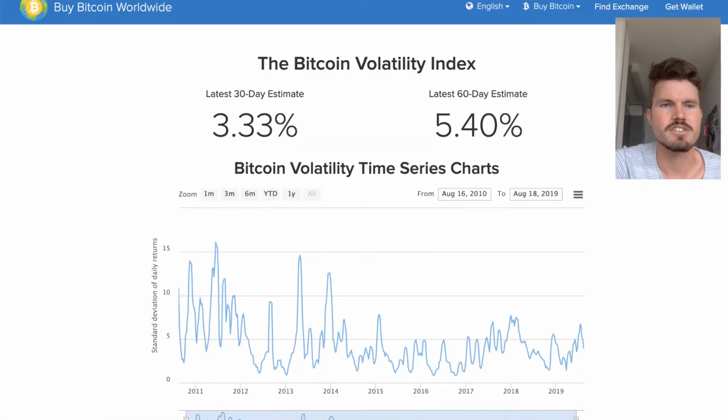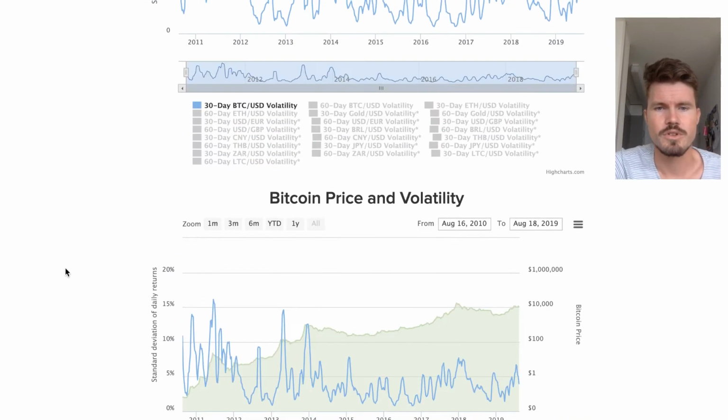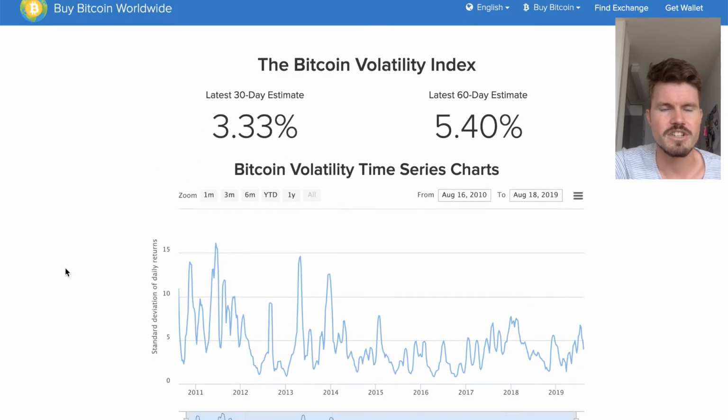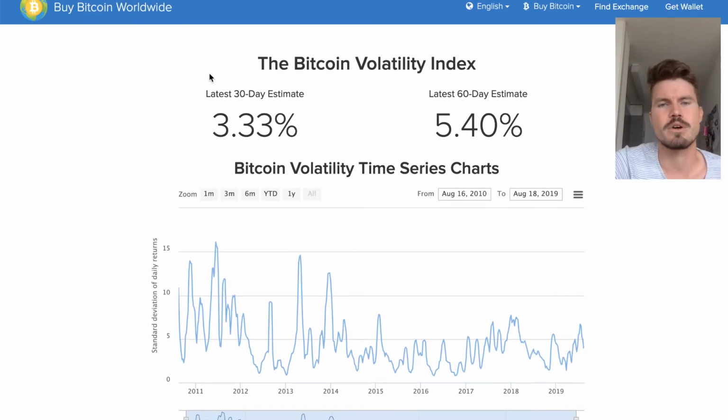Now the volatility you can find on buybitcoinworldwide.com/volatility-index, and here I've got the 30-day estimate and the 60-day estimate. Now it's super important to know where you can find this information, and if you Google, you can probably find also different volatility indexes for whatever asset class you want to buy.